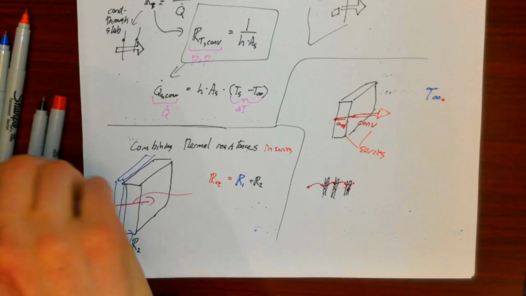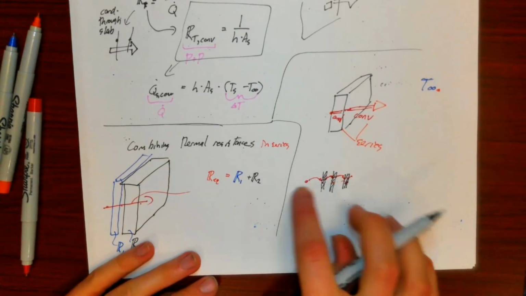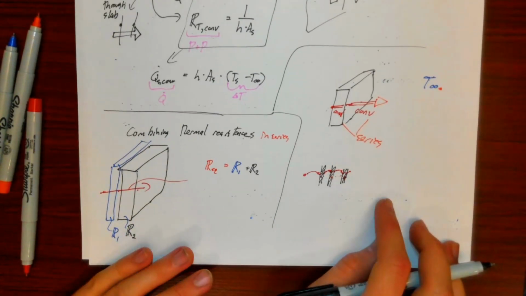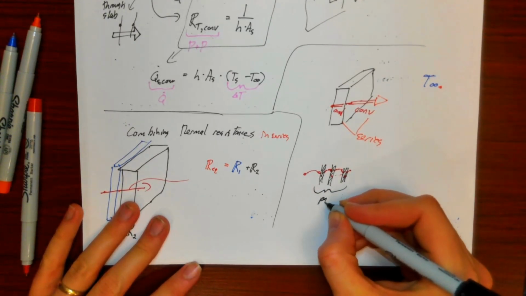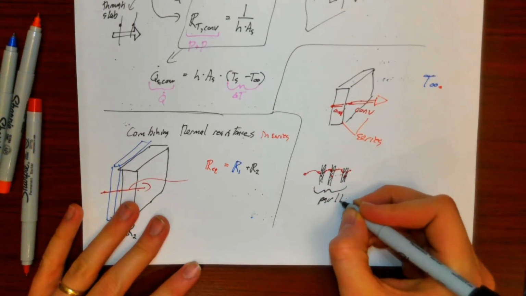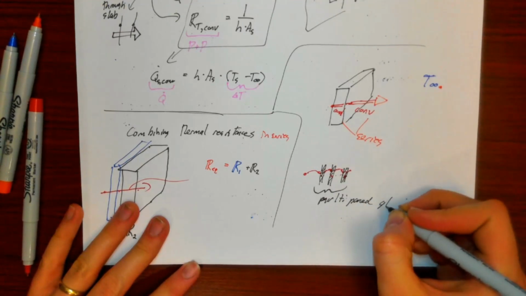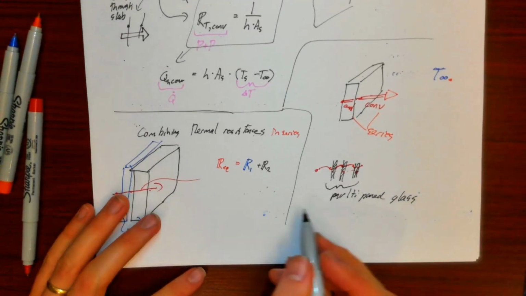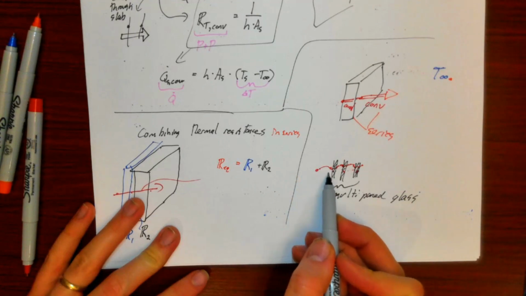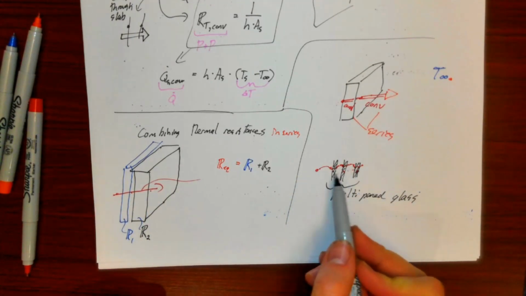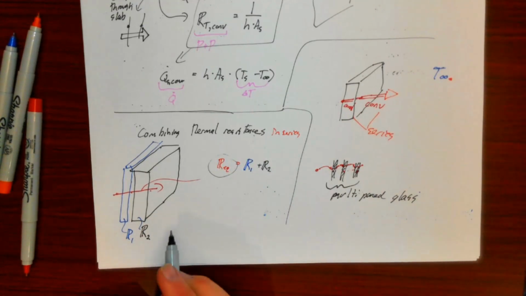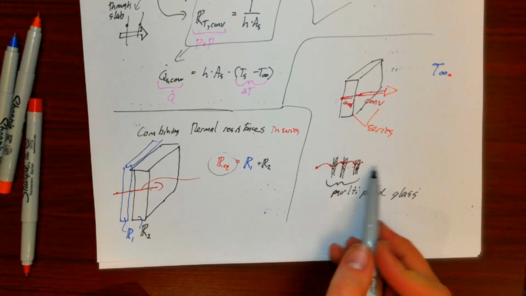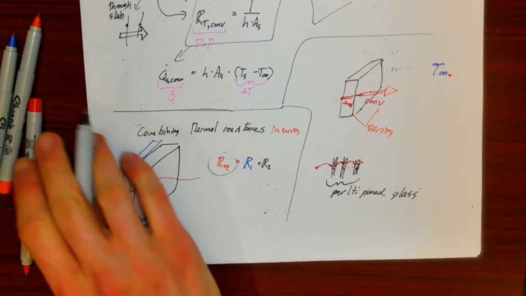So if you want to save on your energy bills and also save the earth as well, having multi-paned glass essentially stacks up a whole ton of thermal resistances, some of them from conduction and some of them from convection, to really get a very beefy equivalent resistance, so you don't lose too much heat to the environment.